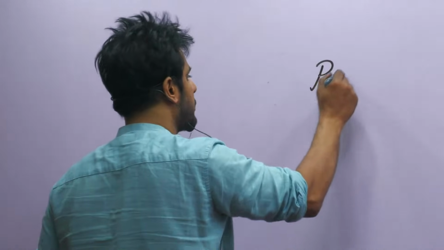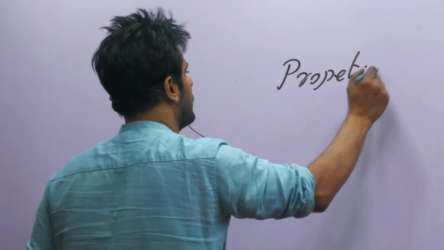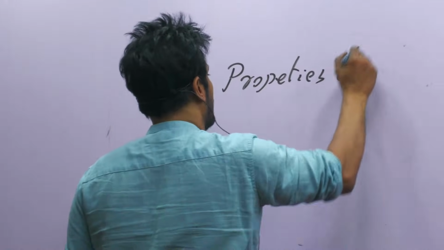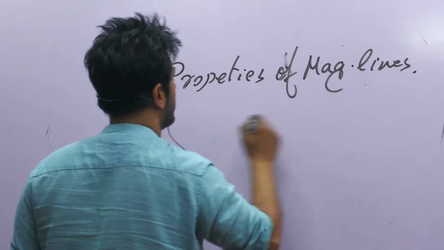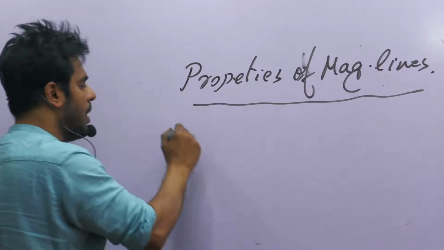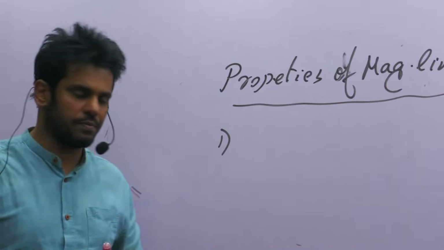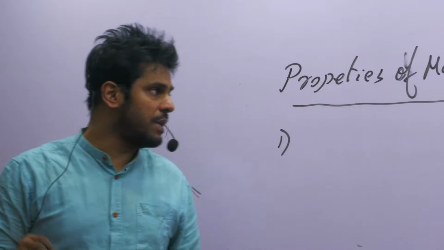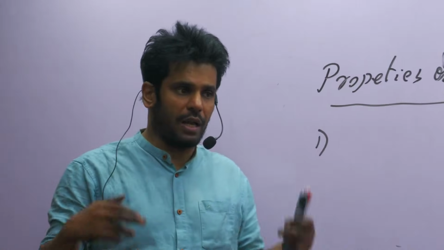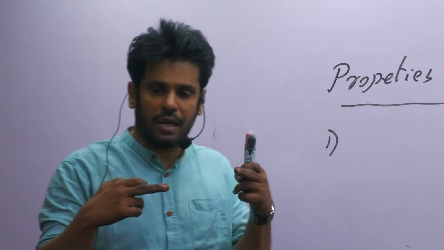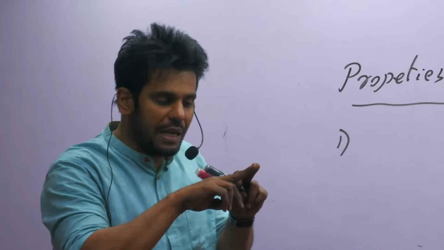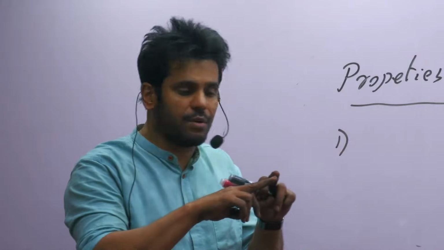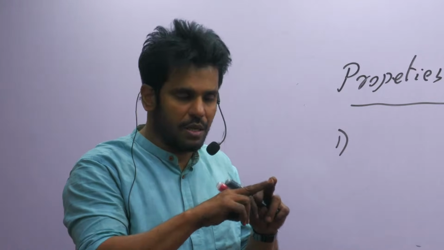Now write properties of magnetic lines. This is very important. Similar to electric fields, electric lines do not have points of intersection. I mean that electric lines do not have intersection points.